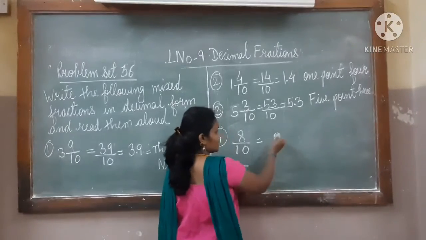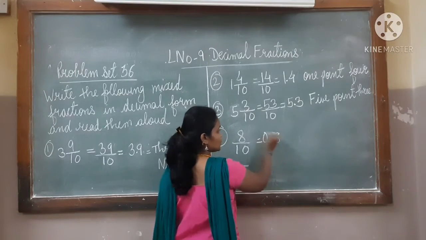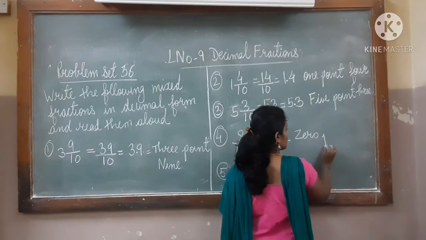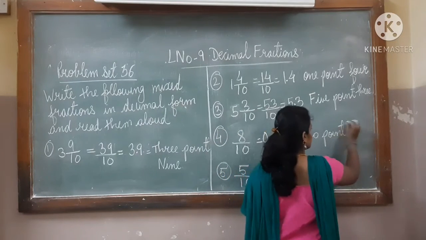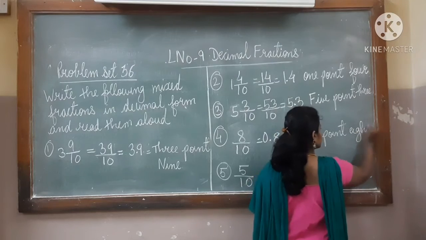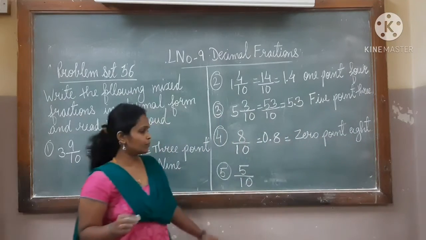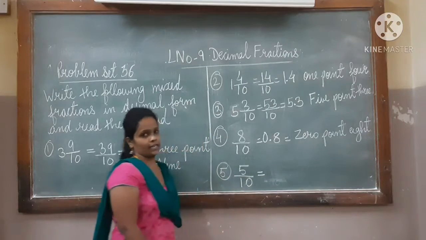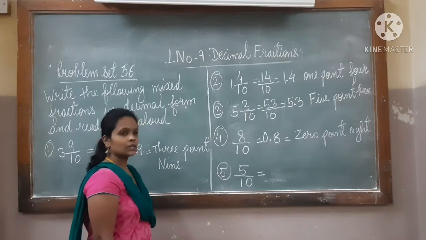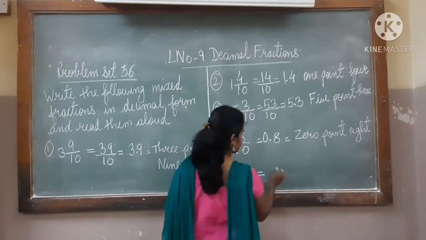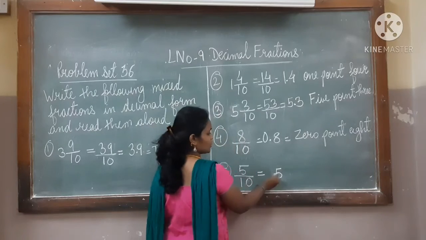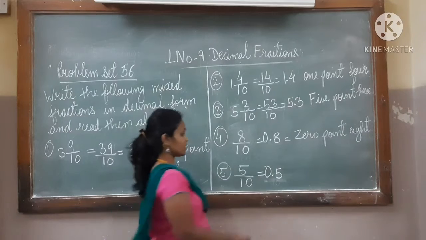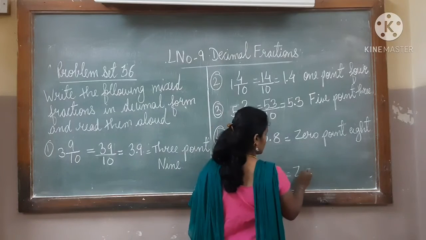First you will write it, then put decimal point and add 0. And how you will write? 0.8. Clear? Then the last one is 5 upon 10. Decimal point will come after how many number? 1. Because only 1 zero is there. So if I put here decimal point, here I will add 0. So how you will write? 0.5.